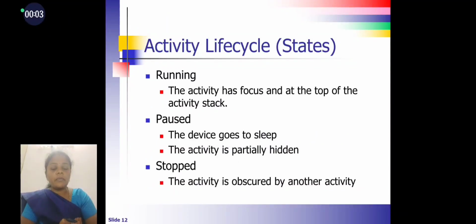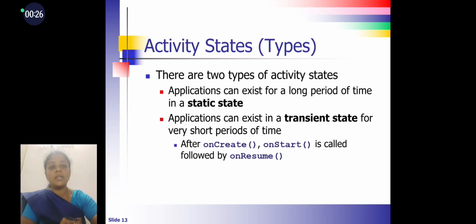As we have seen in the lifecycle picture, the activity has three states: running, paused and stopped. Under running, the activity has the focus of the user. Under paused, the device goes to sleep or the activity is partially hidden. Under stopped, the activity is obscured by another activity.